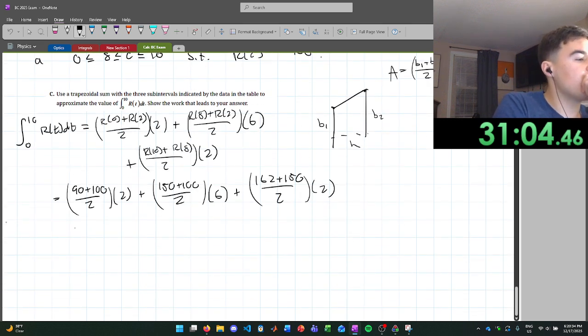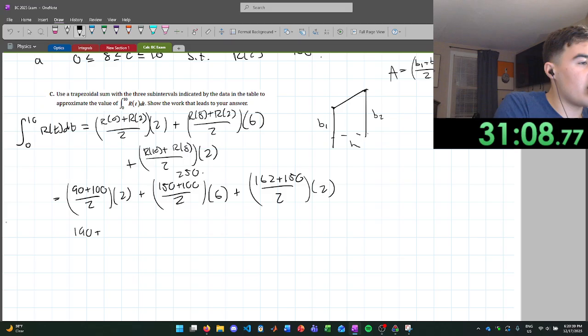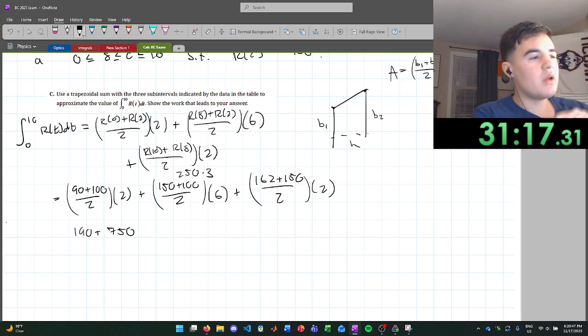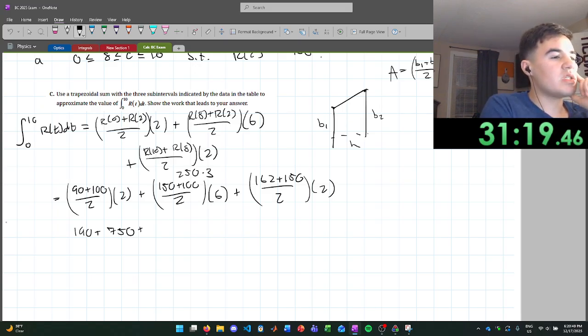This then becomes 190 plus 250 times 3, which is 750, right? Because that leaves behind a 3, 25 times 3 is 75. And then we end up with plus 312.